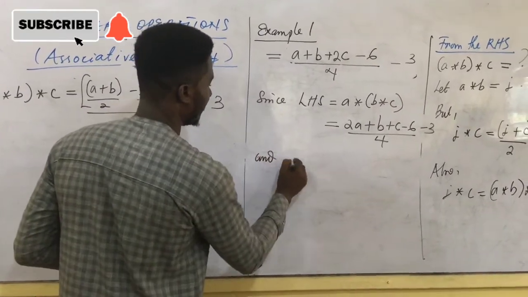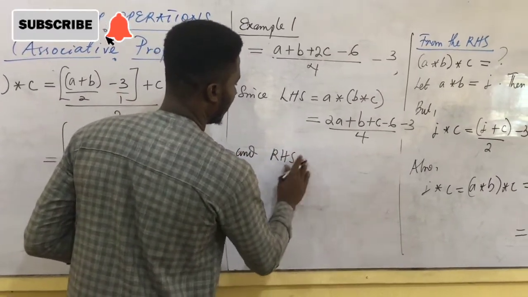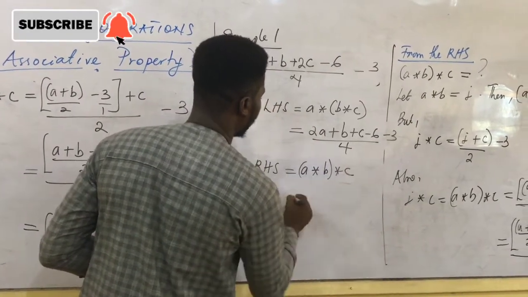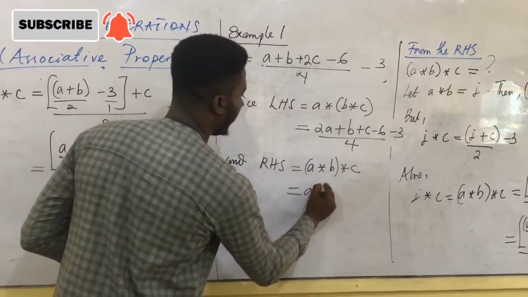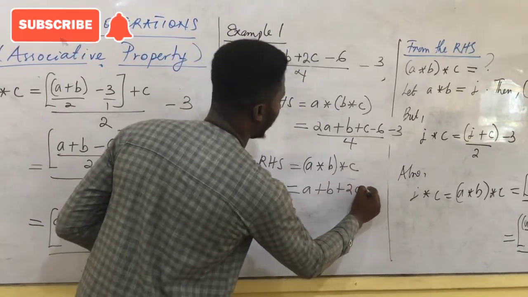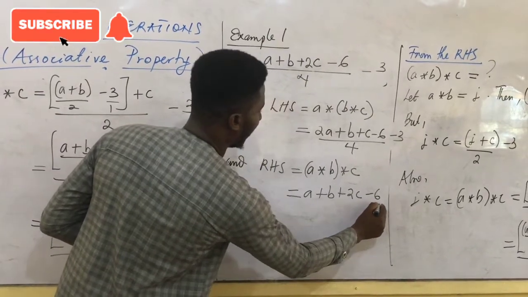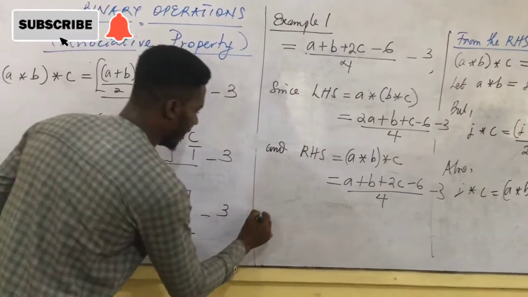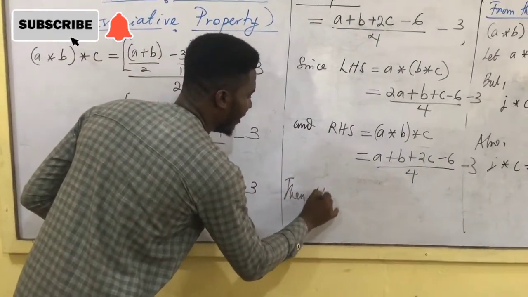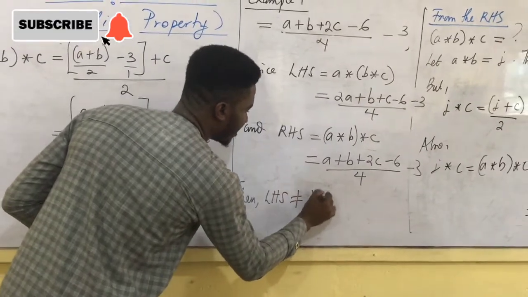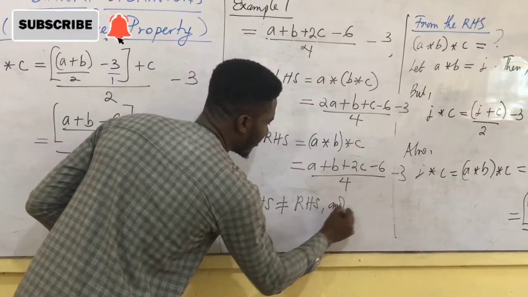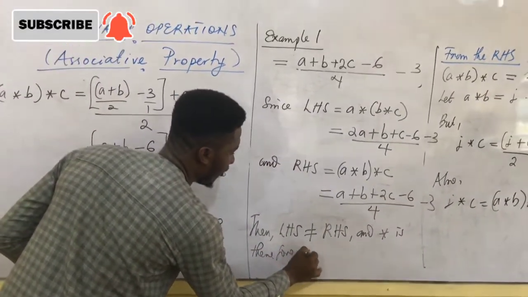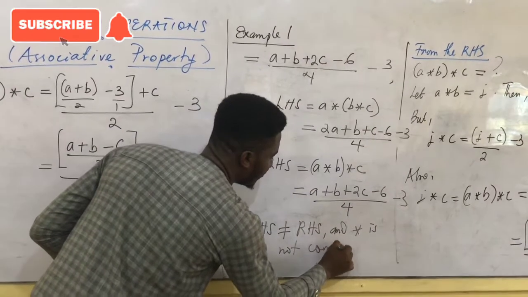And right hand side equals (A asterisk B) asterisk C, which was equal to (A plus B plus 2C minus 6) all over 4, then minus 3. Then, what does that imply? Left hand side is not equal to right hand side, and asterisk is therefore not commutative.